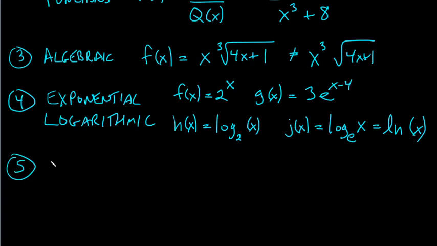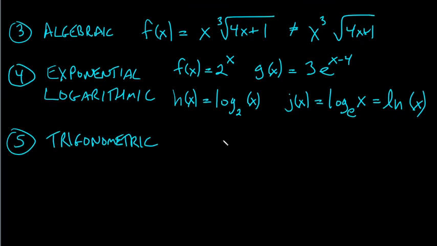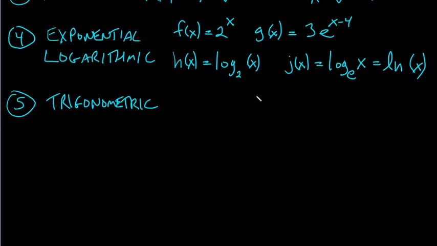Right, so the next kind, these should be familiar, these are the trigonometric functions. Right? And I'll review these in the next video, but for now, you should remember sine of x, cosine of x, and then tangent of x, which is just sine over cosine.